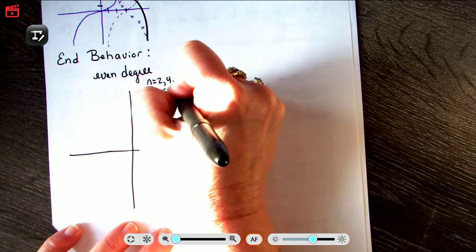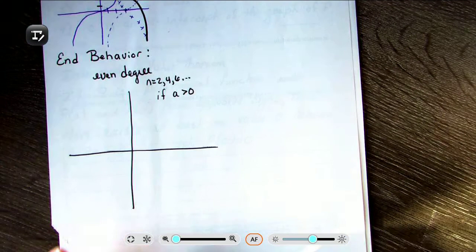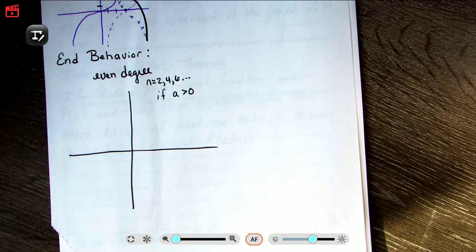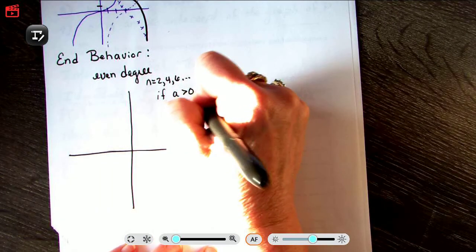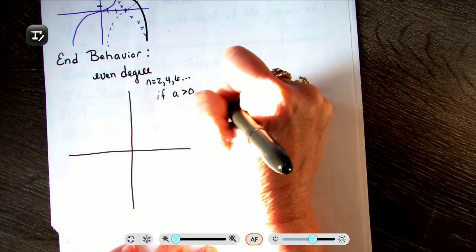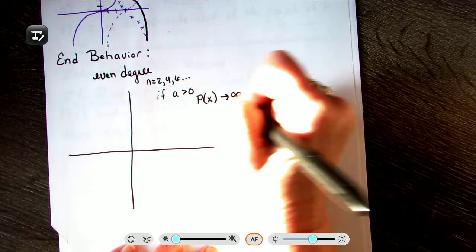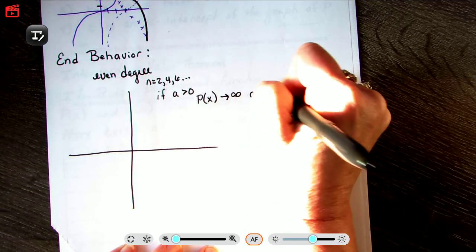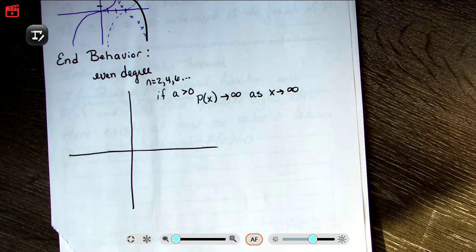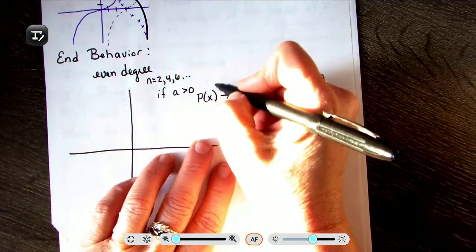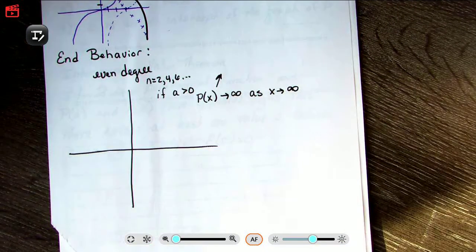And the thing is, if a is greater than 0, so our leading coefficient is positive, our function is going to go towards infinity as x goes to infinity. In other words, it's going to kind of do this up arrow.